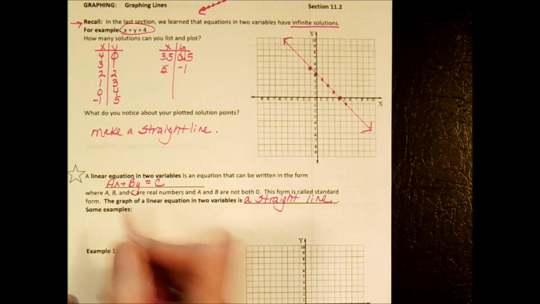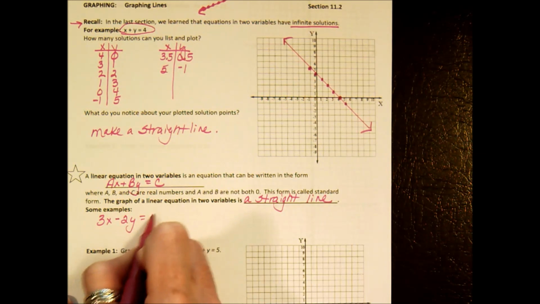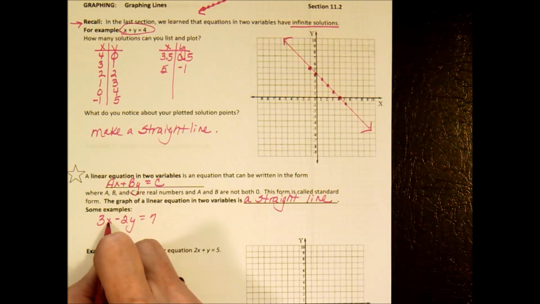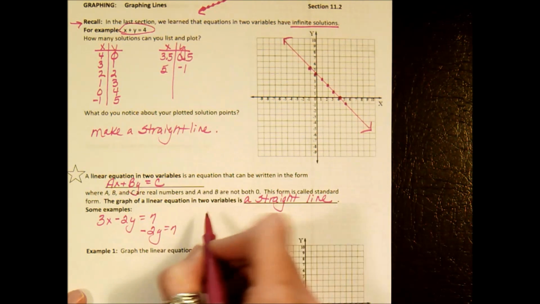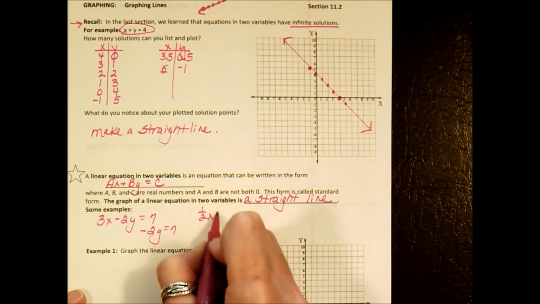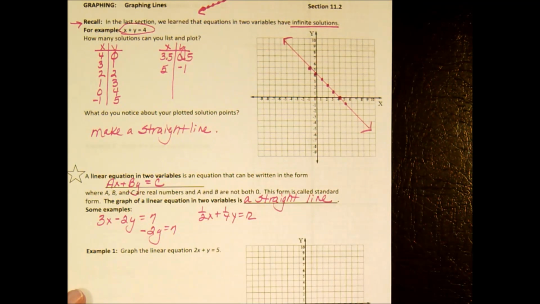Examples might be 3x minus 2y equals 7, or if the number in front of the x was a 0, it might be just negative 2y equals 7, or 1/2 x plus 1/4 y equals 12, etc. There are an infinite number of examples.